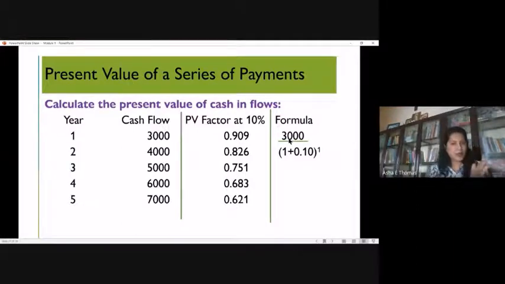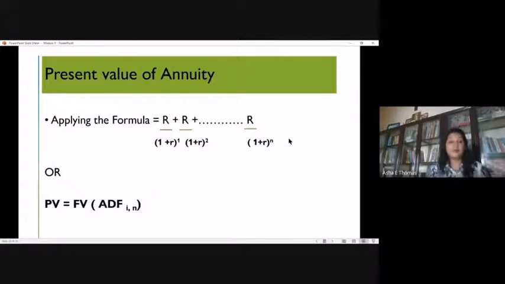Now, there is another concept called present value of annuity. When I'm expecting a regular, equal cash inflow at regular intervals, that's what I call an annuity. There also, one method is you can directly use the formula. Here R is your cash inflow. Suppose every year I get an inflow of 10,000 for the next 5 years.